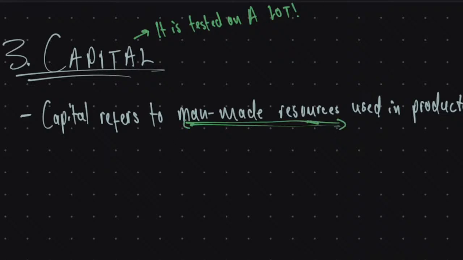Natural resources used in production, when we are producing whatever. So students confuse capital with money. It's not only money. It means the tools, the equipment, all these things. It's also capital.